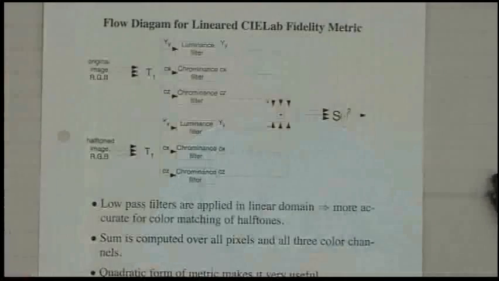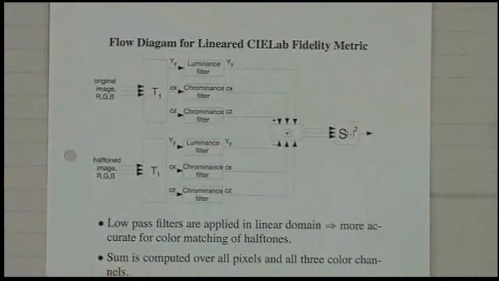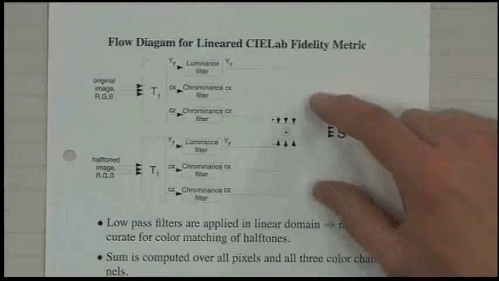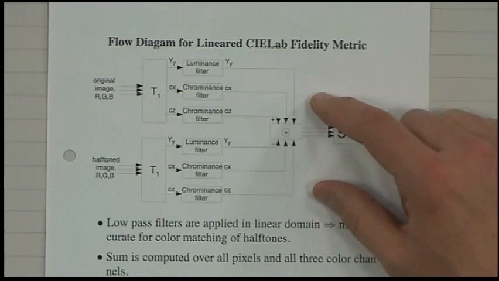Now, one other thing that comes up is that in some applications you want these fidelity metrics to be efficient to compute. So you don't want to have to actually compute LAB, because that's very computationally expensive.